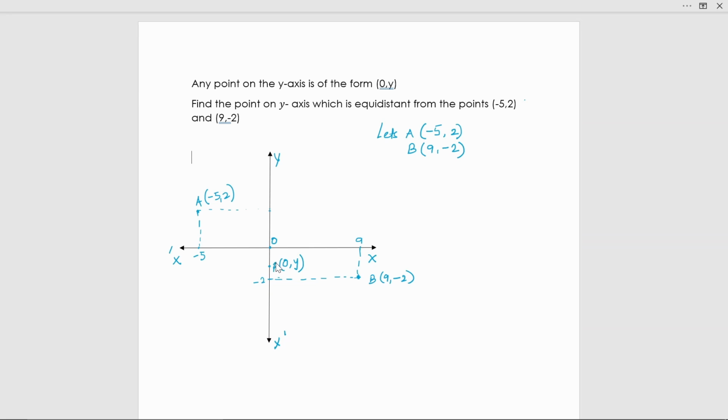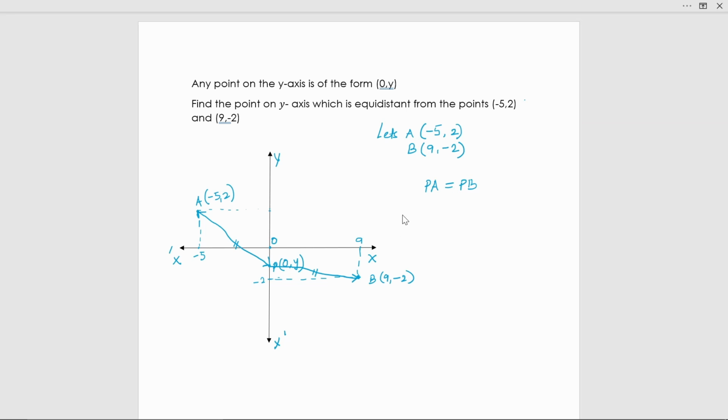This is my point P, and the condition given is that PA and PB, these two lines, are equal. So the condition is PA is equal to PB.